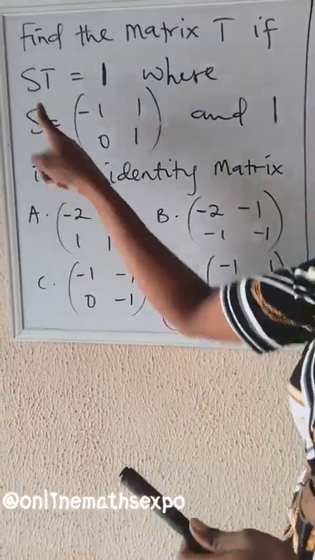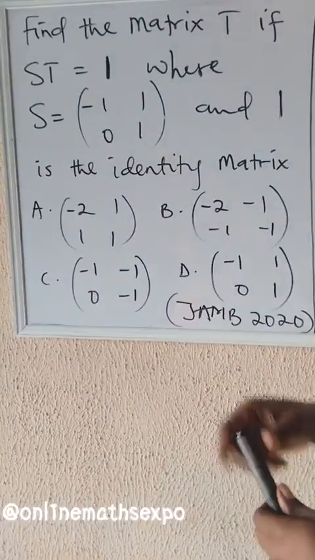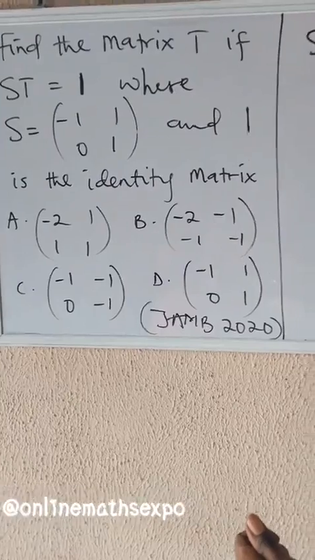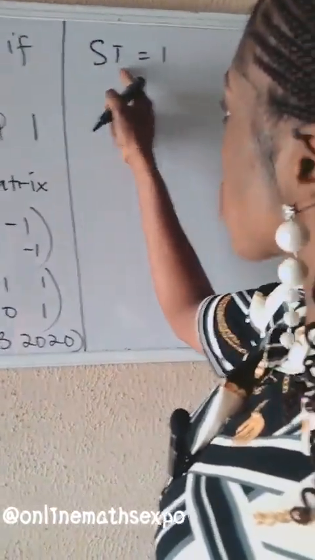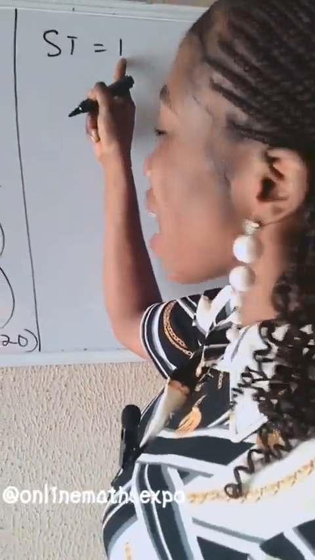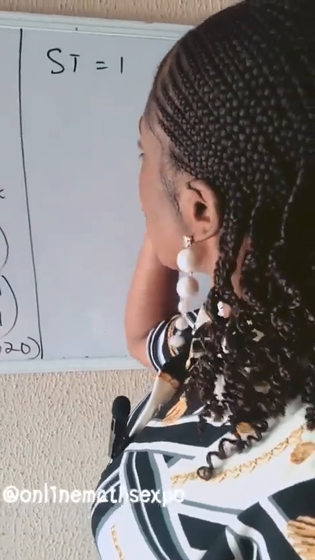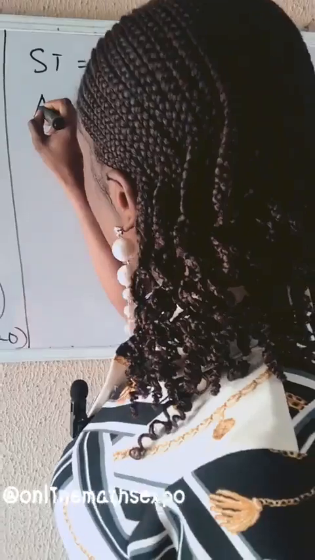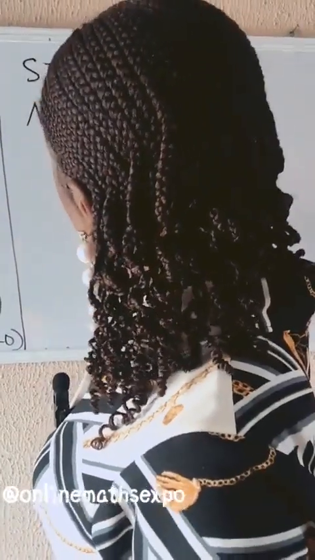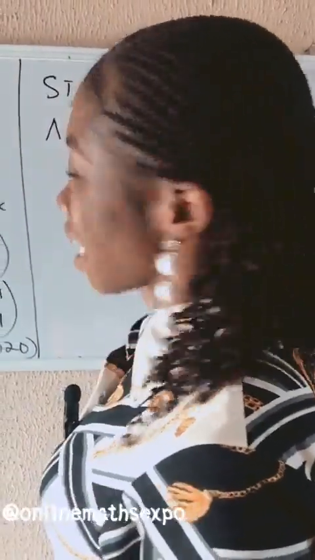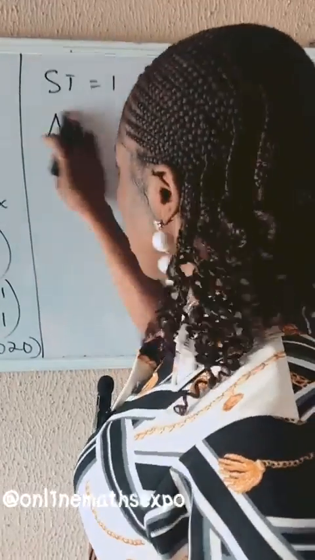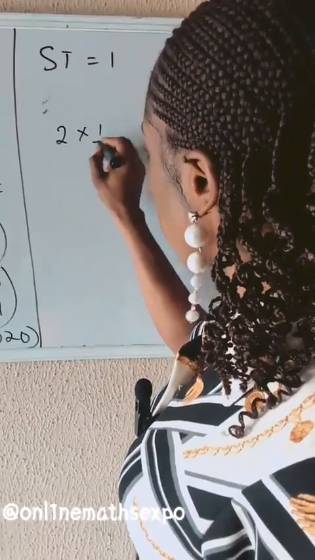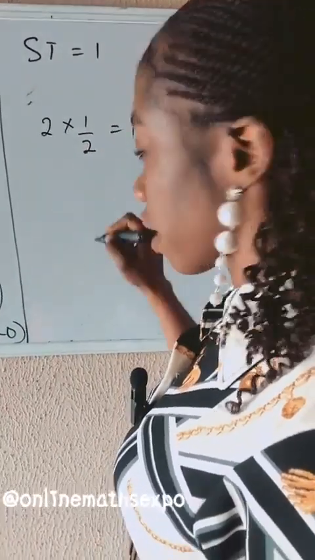Remember, the question says ST is equal to I, and this is S. So what it means is that when you multiply these two matrices, it gives you an identity. So one of these matrices is going to be an inverse. Let me clear you more. If I have 2 multiplied by 1 over 2, it will give me 1.